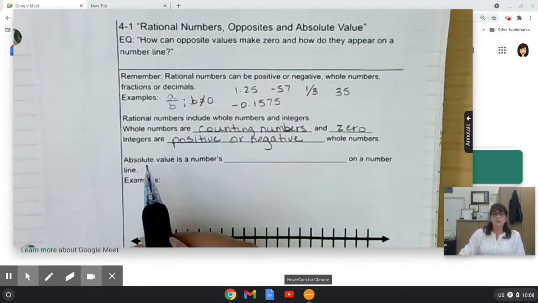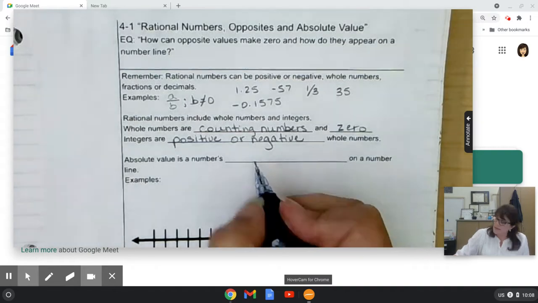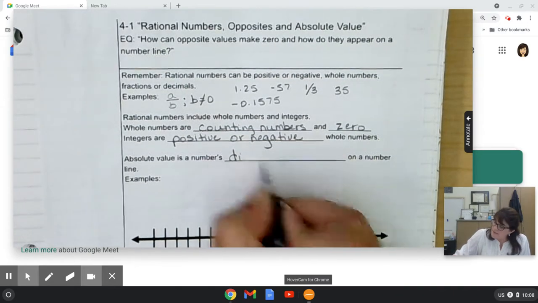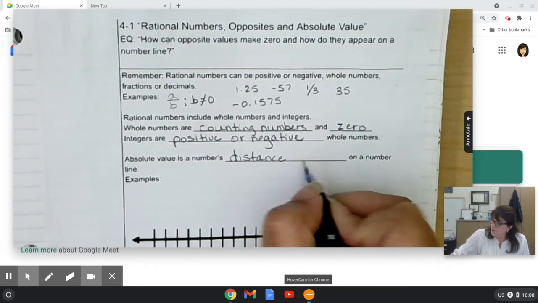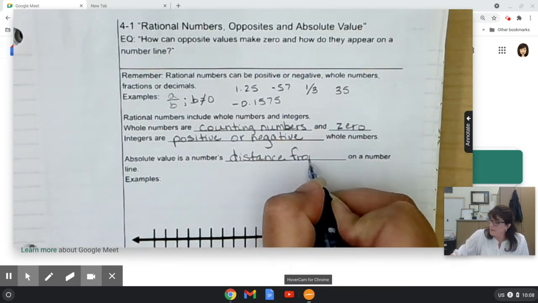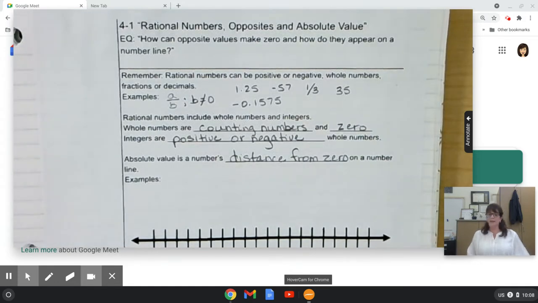Now, the next thing we're going to learn about is absolute value. It is a number's distance from 0 on a number line.